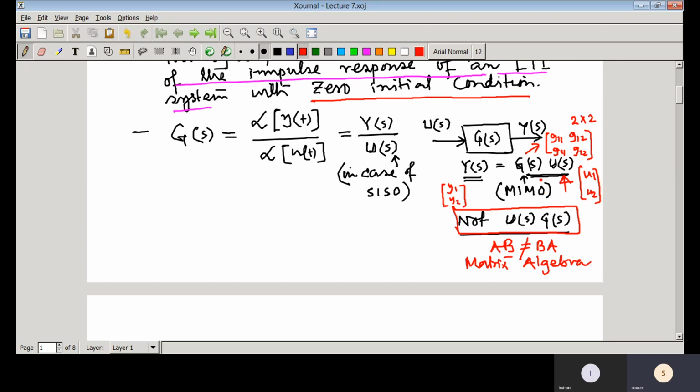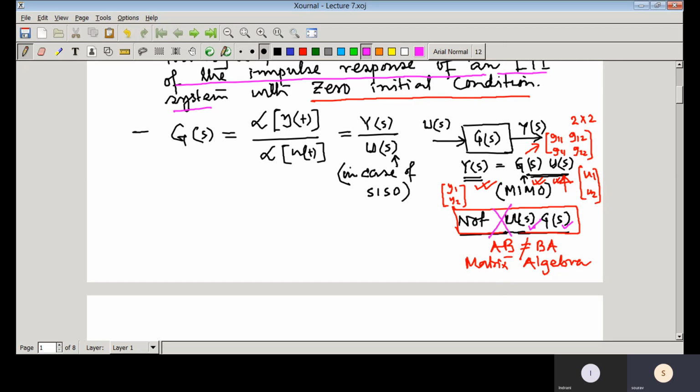So this G(s) is a transfer function matrix. Whenever you represent a dynamical system in transfer function framework, if you write Y(s) equal to G(s) into U(s), then this matrix multiplication holds. But if you write U(s) into G(s), this particular matrix multiplication does not hold.